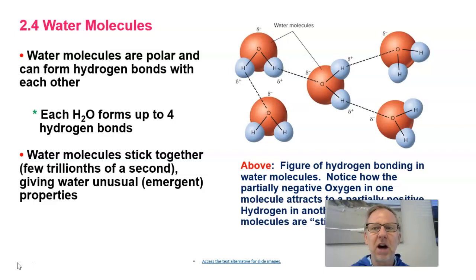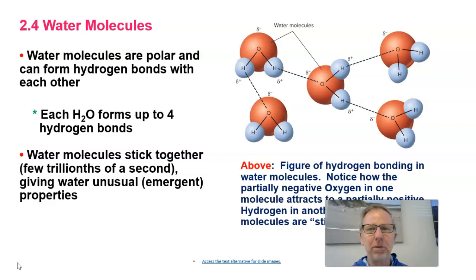And you can see the dots are extending from the slightly positive hydrogens in one molecule to the slightly negative oxygens in a nearby other molecule. Now, every water molecule can form up to 4 hydrogen bonds with other water molecules around it. So there's actually a lot of hydrogen bonds that are forming between water molecules, lots of little temporary attachments.